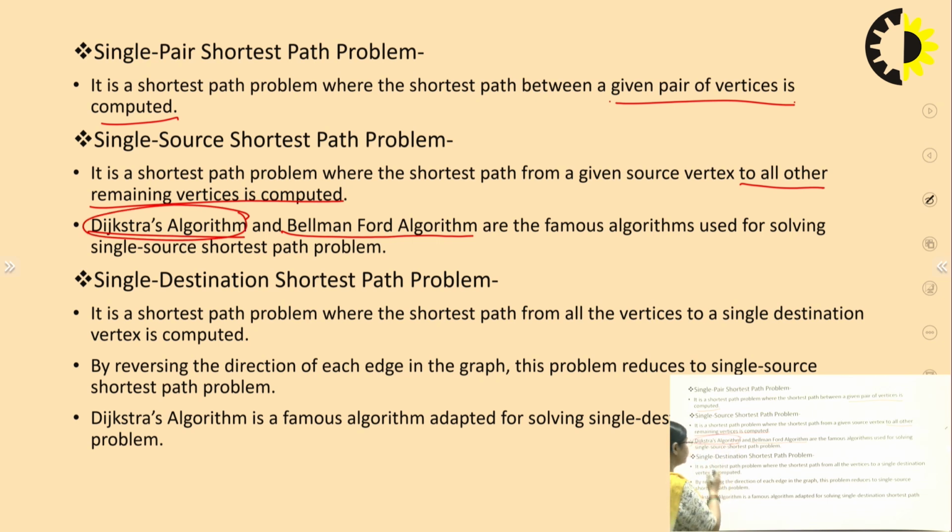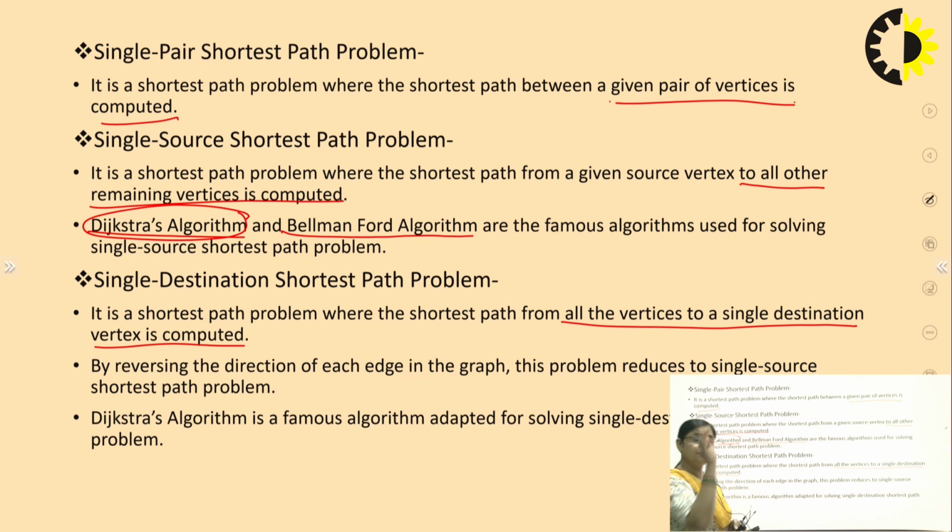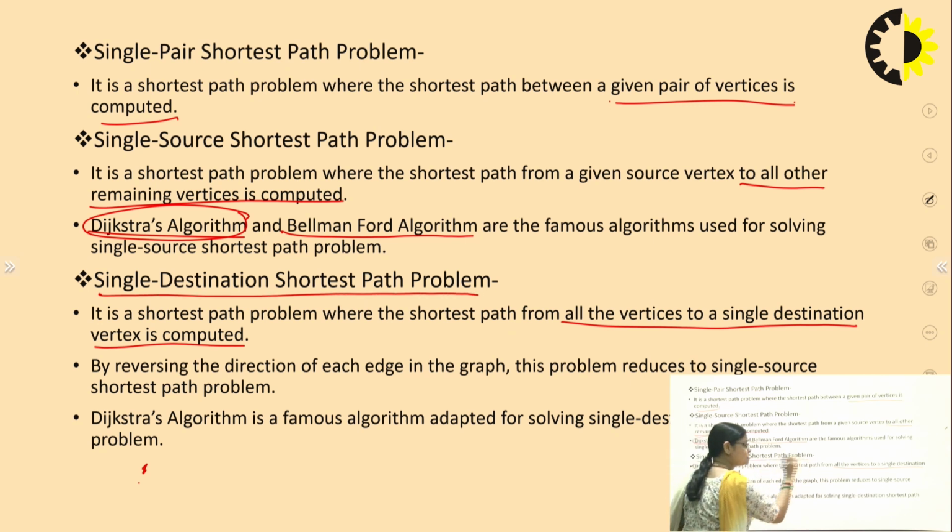Right? Now, single destination shortest path. Single destination shortest path is that the shortest path from all the vertices to a single destination vertex is computed. That is from all the vertices, we are taking all vertices and finding the single destination, and this is calculated by single destination shortest path.